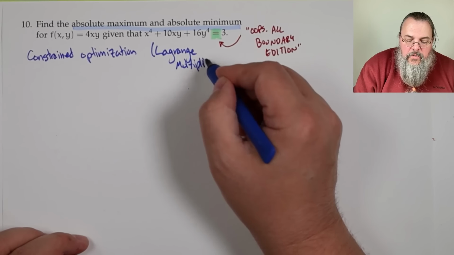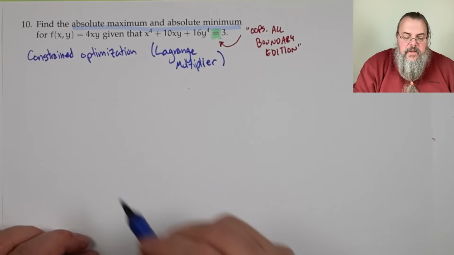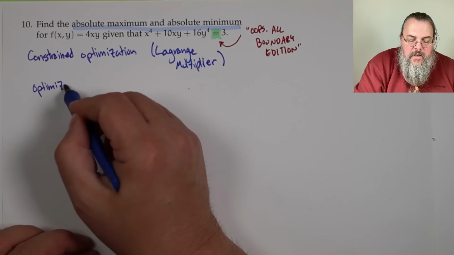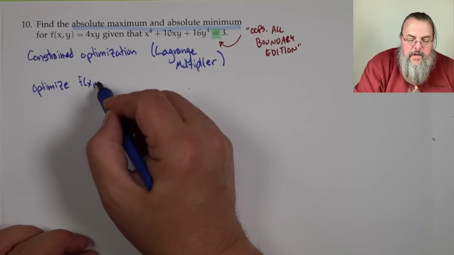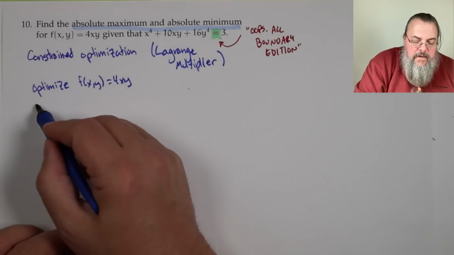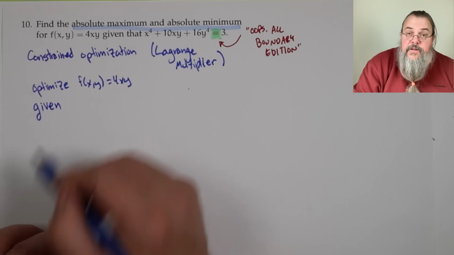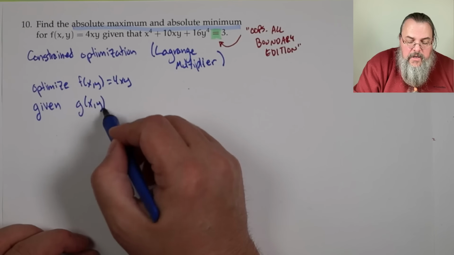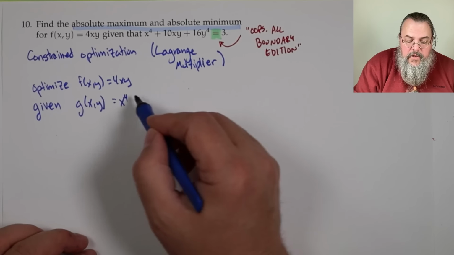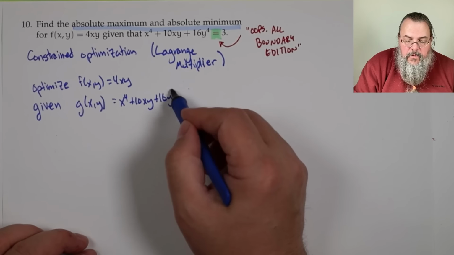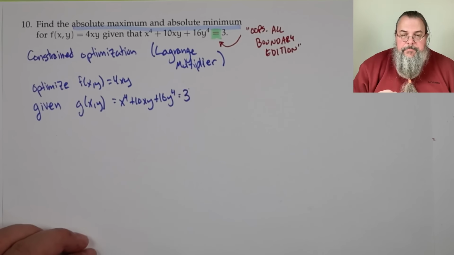Well, ultimately what's going to happen is we're optimizing this function f(x,y) equals 4xy given our constraint. And our constraint function is g(x,y) equals x to the fourth plus 10xy plus 16y to the fourth equals 3.